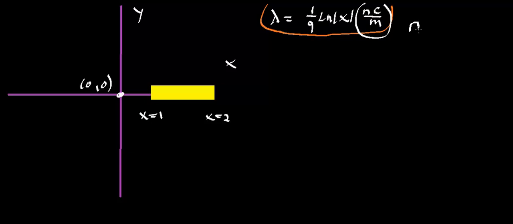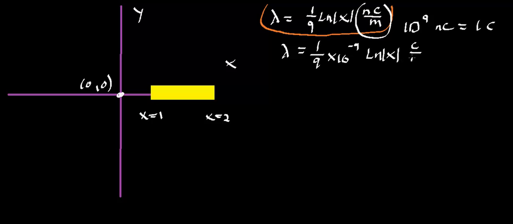Note that there are 10 to the 9th nanocoulombs in 1 coulomb, and we're going to use that to convert this lambda into coulombs per meter. So this lambda, 1/9 natural log of x nanocoulombs per meter, is equivalent to 1/9 times 10 to the minus 9th natural log of x, now in units of coulombs per meter.